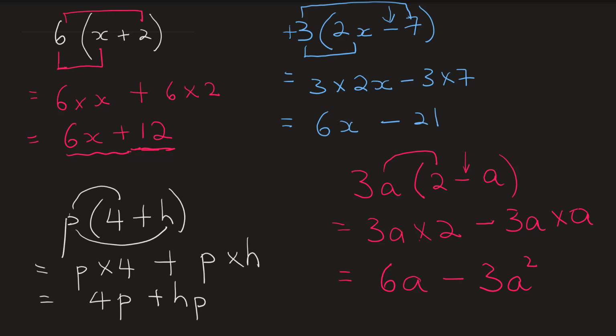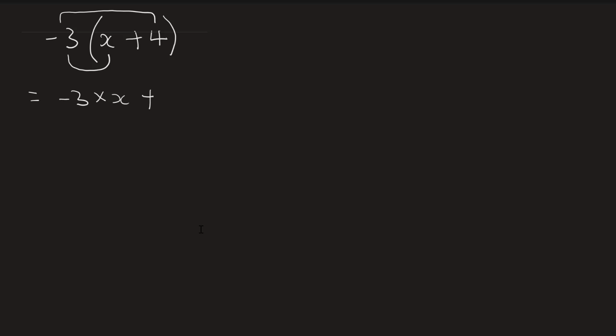Let's do a couple more just to make sure we've fully grasped the method and not to get confused when we have negative signs. So let's try this one. Minus 3 outside of x plus 4 equals minus 3 times x plus minus 3 times 4.